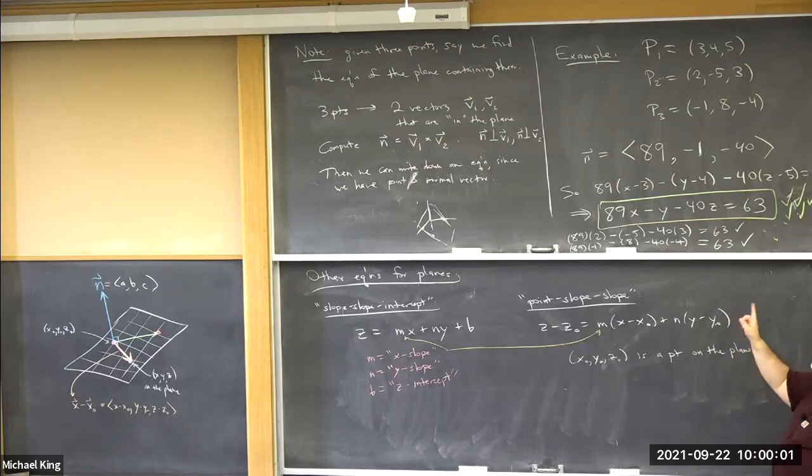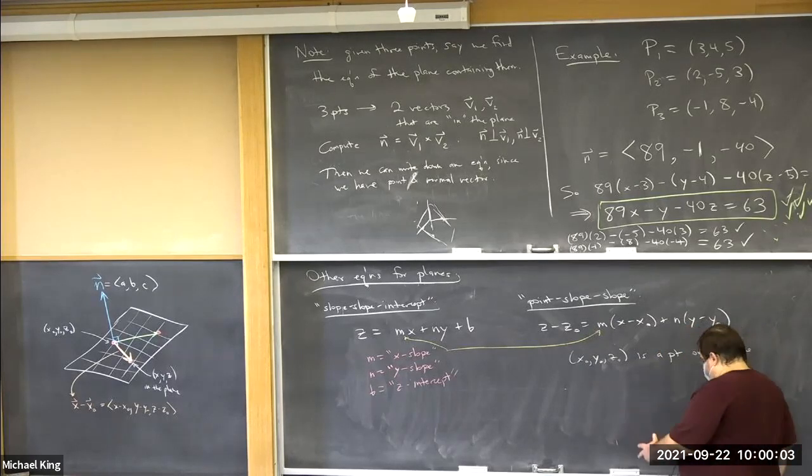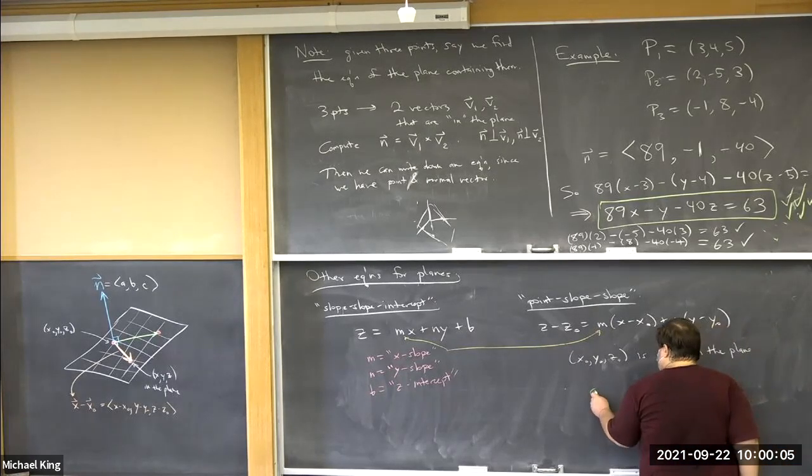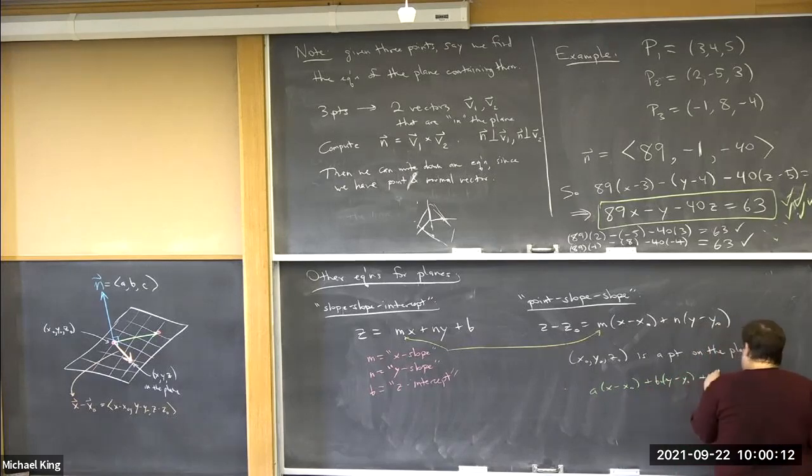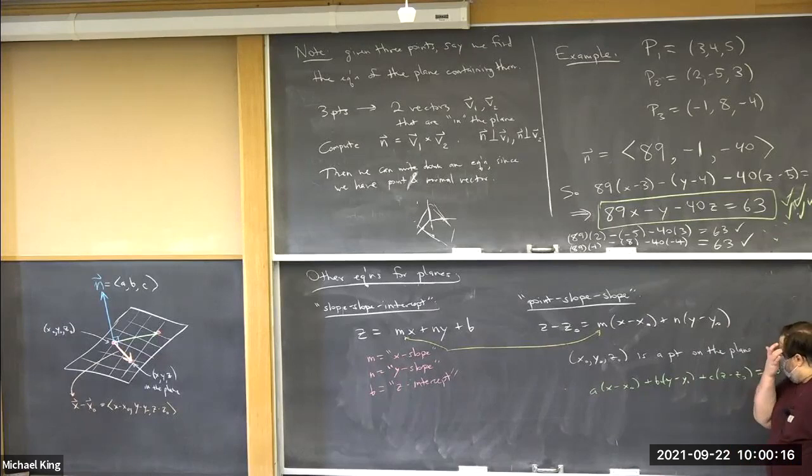And if you think about the ABC, just because we're out of time, I'll just say, if you compare this to A times x minus x naught plus B times y minus y naught plus C times z minus z naught equals 0, if say C is non-zero, you could always scale it to be 1.